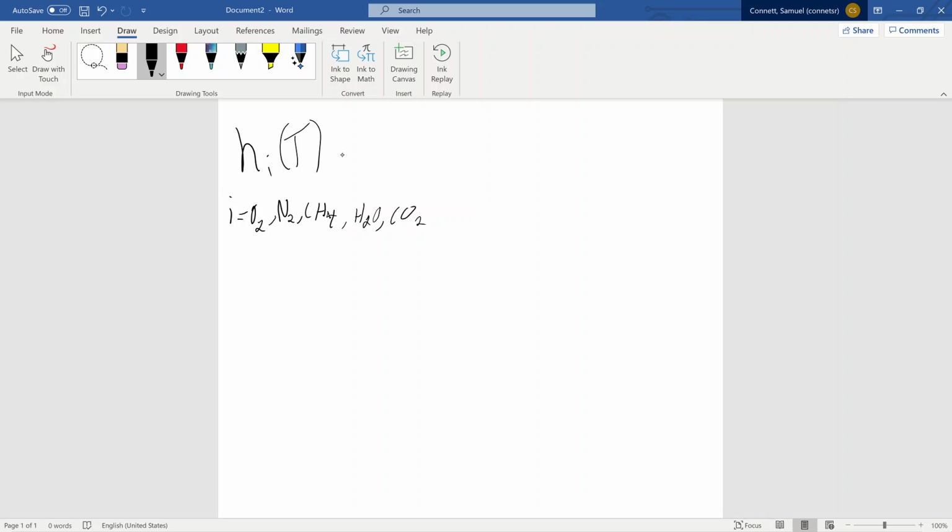So our enthalpy is going to be equal to our enthalpy of formation for each component, which is given at 298.15, plus the integral of the specific heat capacity in terms of the temperature.